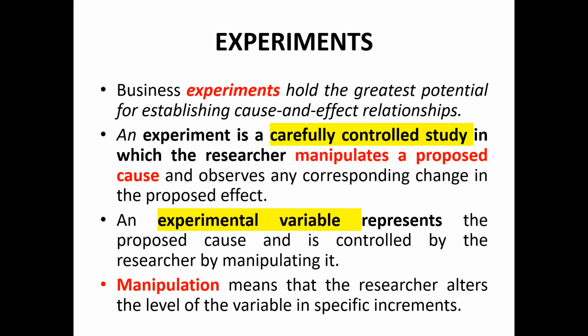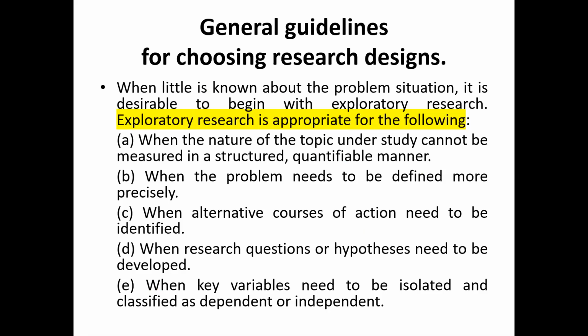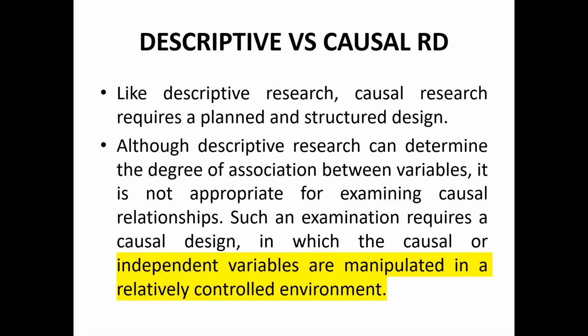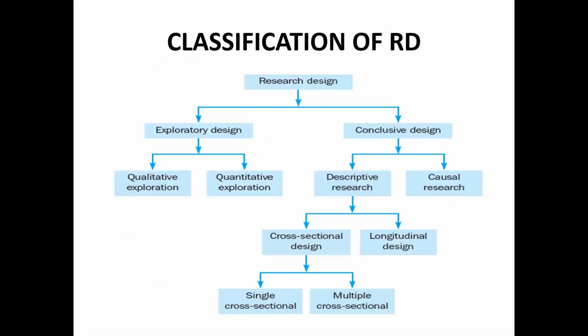And the independent variable in which we make changes is called the experimental variable. And the changes are called manipulation. And we also covered when to use exploratory and causal research design. So that is all for today. Next, we will start with a new topic, that is sampling. So thank you so much.